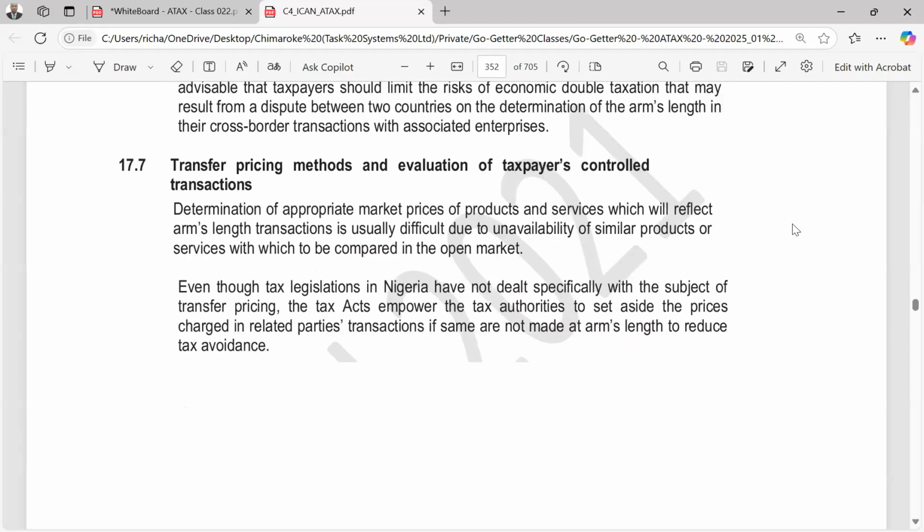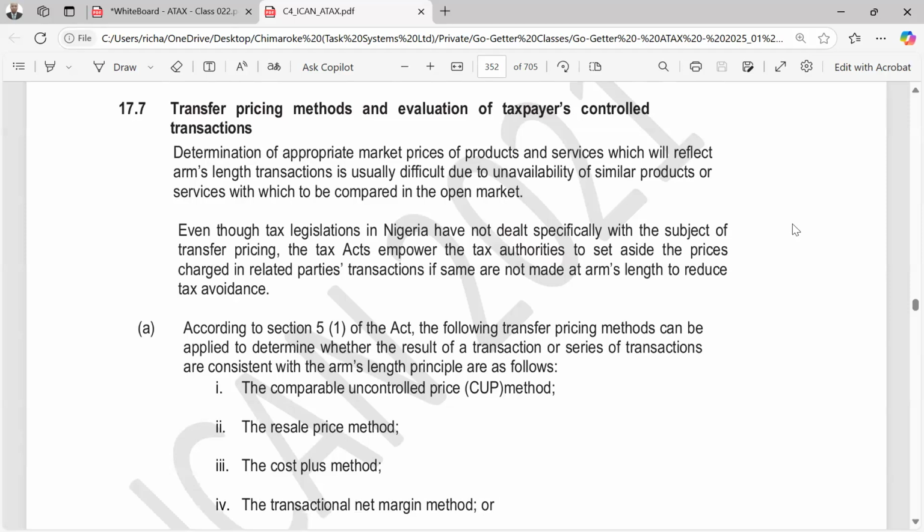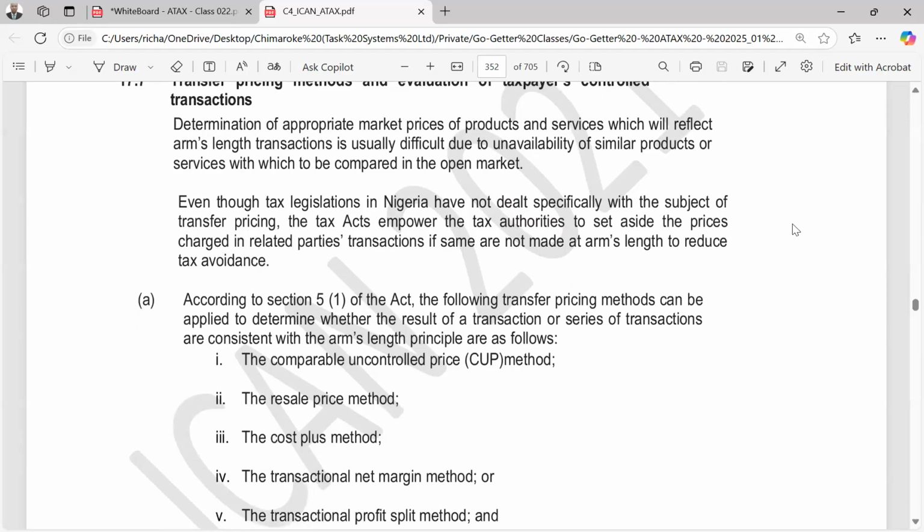Transfer pricing methods and taxpayers' controlled transactions. So we're going to be looking at the crux of the matter. These are the transfer pricing methods that are in place.